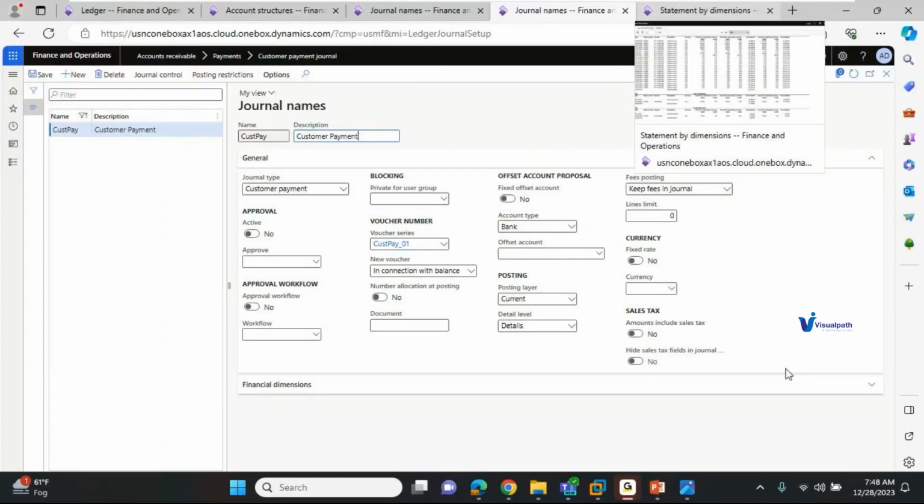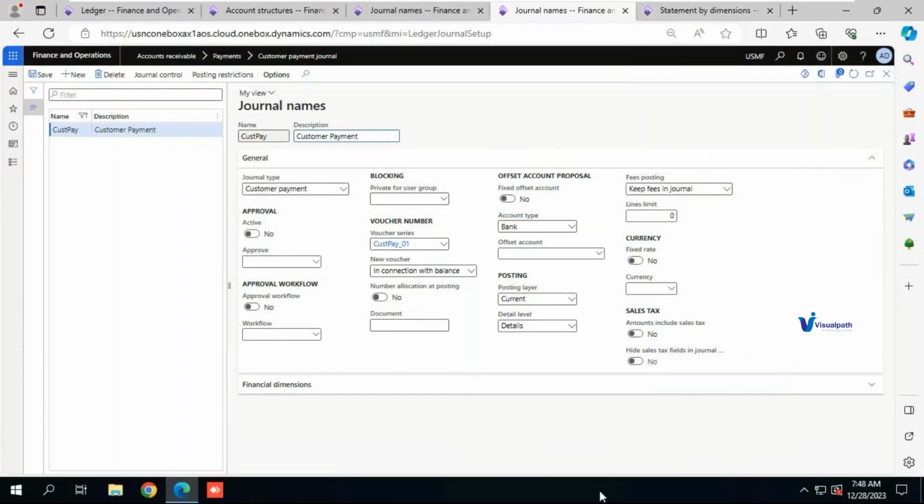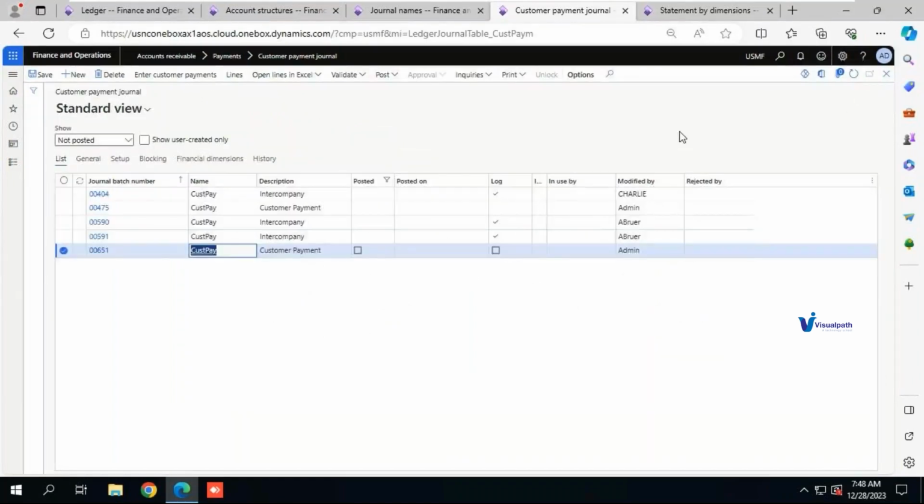Okay, sir, I have a small question. Suppose I want to buy some water bottles on behalf of the company. Where will I post? In journal or invoice journal, sir? If you are taking an invoice copy from the vendor, you can create a vendor invoice and then do vendor payment.